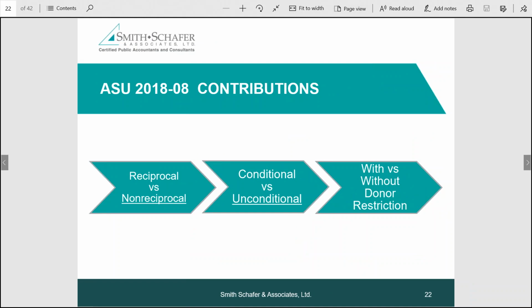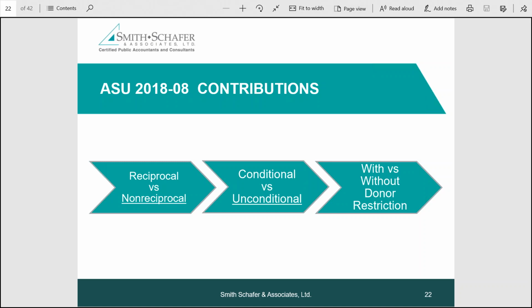So now we've gone through the first step, and we've determined if our transaction is reciprocal or non-reciprocal. We're going to stay in that non-reciprocal bucket because that's what falls under the standard. So then step two is whether it is conditional or unconditional.